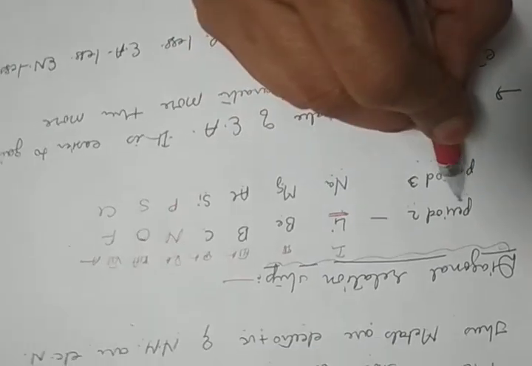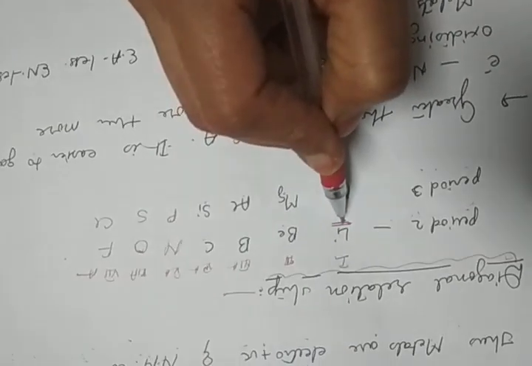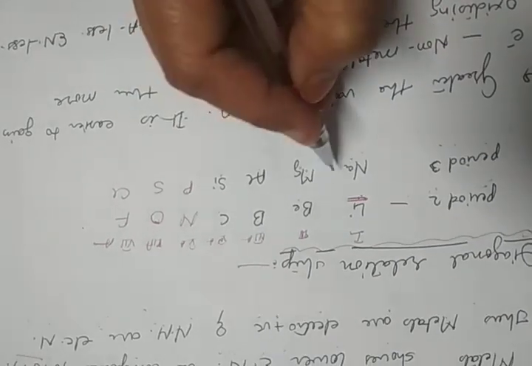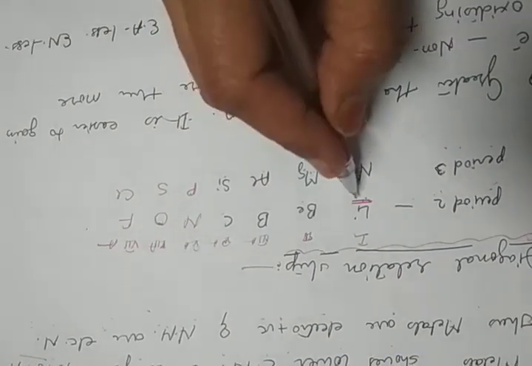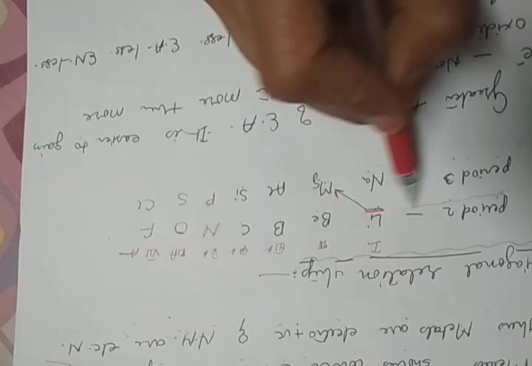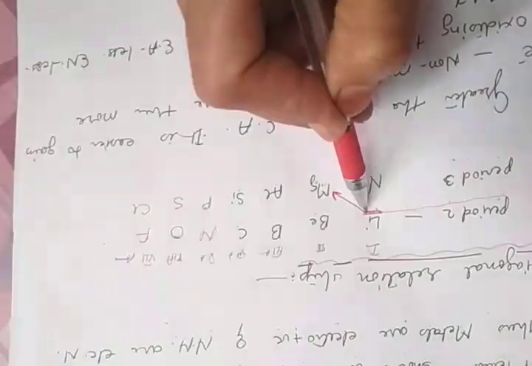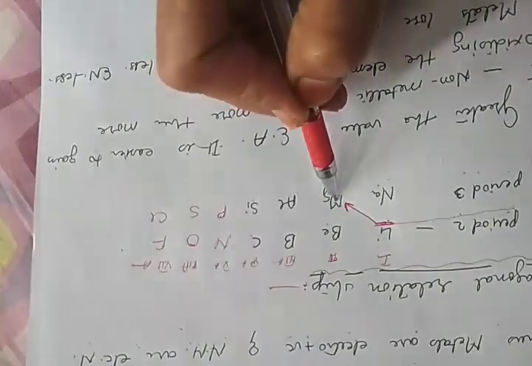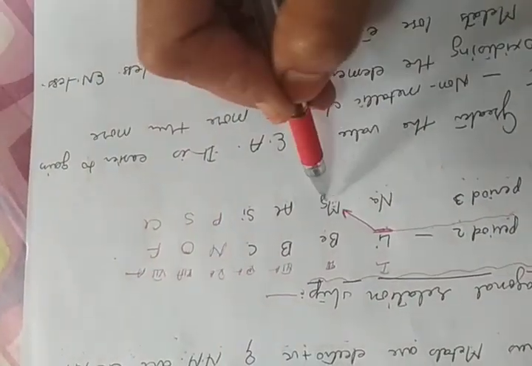Elements of the second period have some similar properties with the next group of the third period. So lithium has some similar properties with magnesium. I repeat, elements of the second period resemble in their properties the next group elements of the third period.